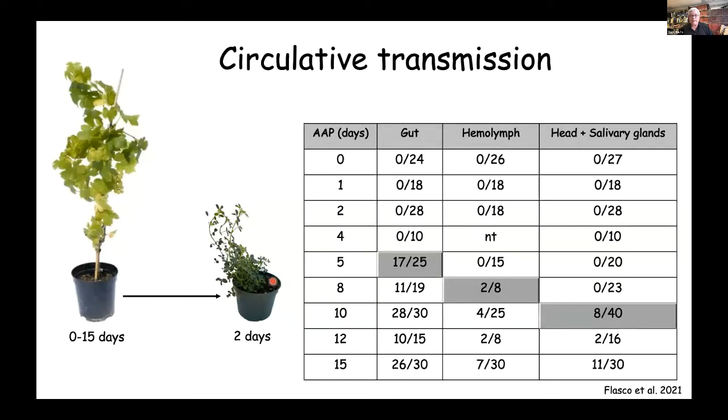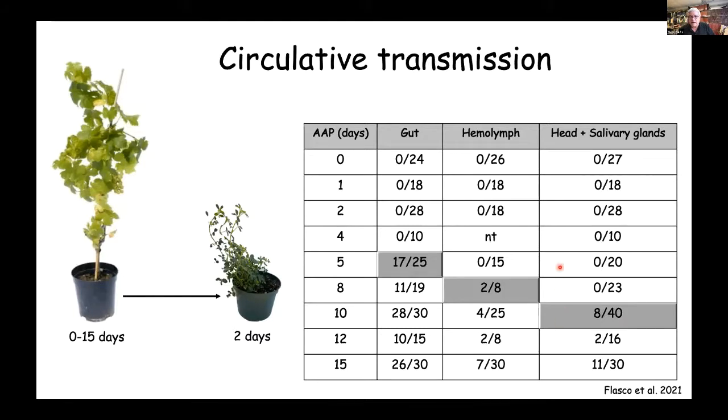And this table, I know it's very busy, but it's indicating that it takes 5 days of exposure of the insects to infected vines for the virus to be detected in the gut, 8 days for the virus to be detected in hemolymph, and 10 days for the virus to be detected in the salivary glands. And the virus can only be transmitted at 10 and more days of exposure to infected vine.